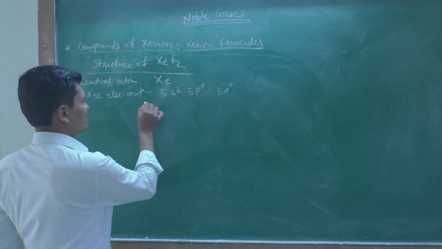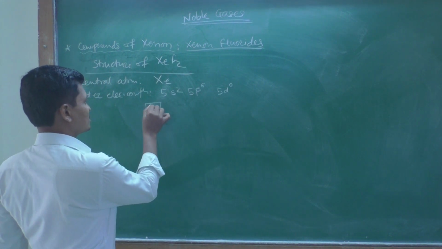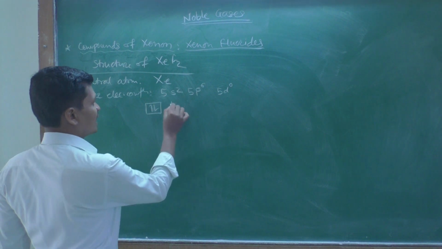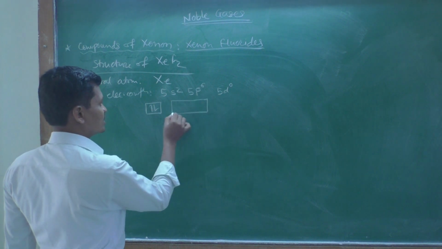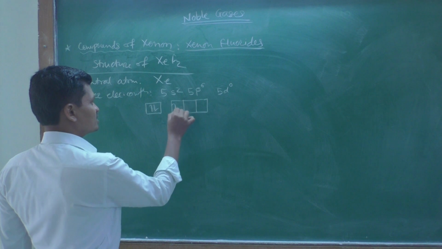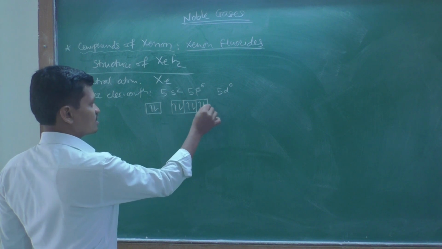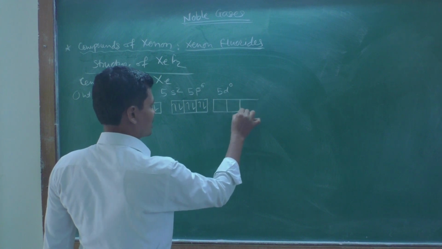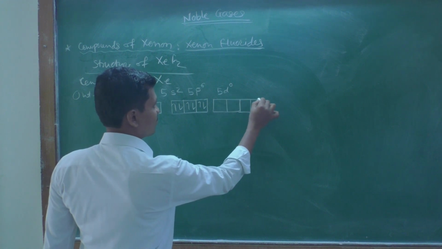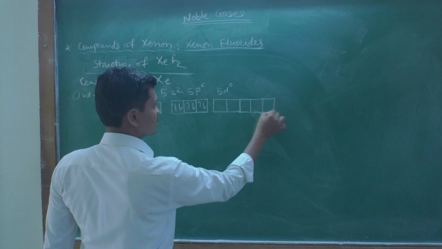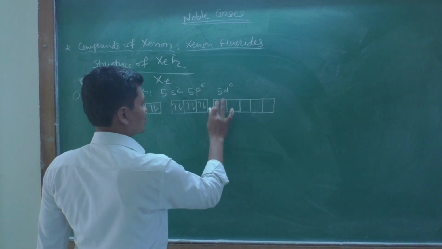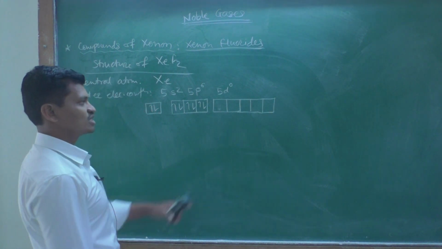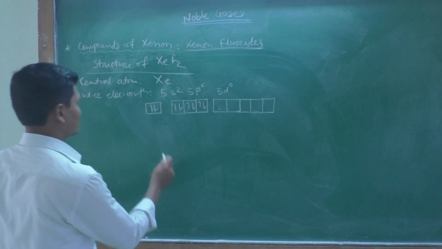That can be written in orbital boxes. This is 5s2, this is 5p6 and 5d is totally empty. D subshell is having 5 orbitals, 0 electrons are present in D subshell, okay.